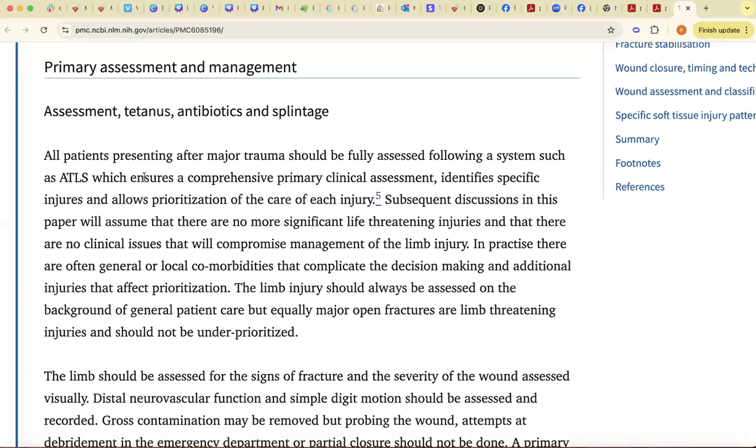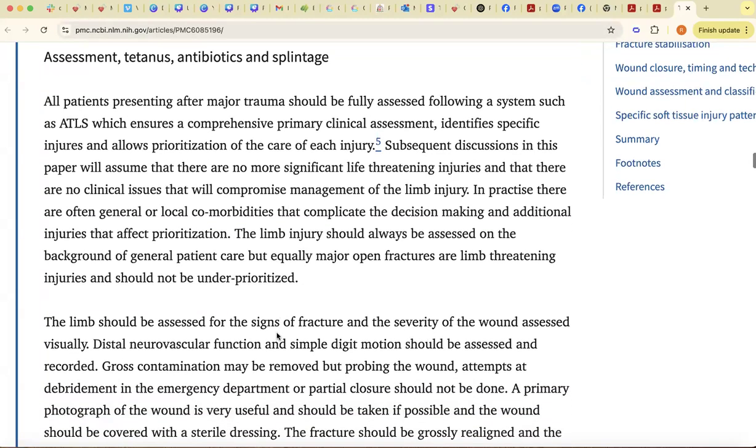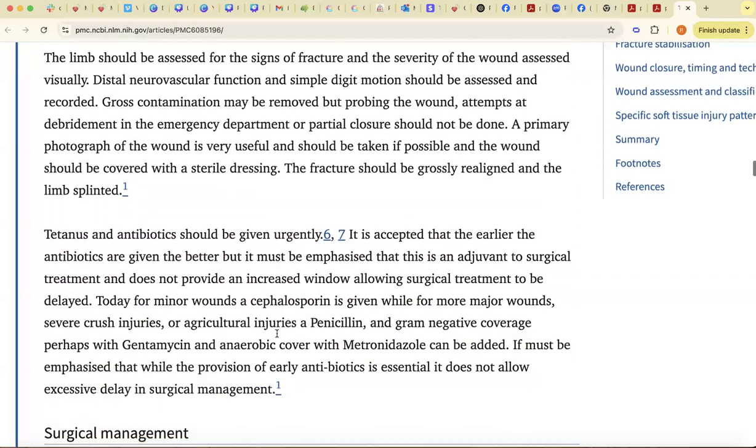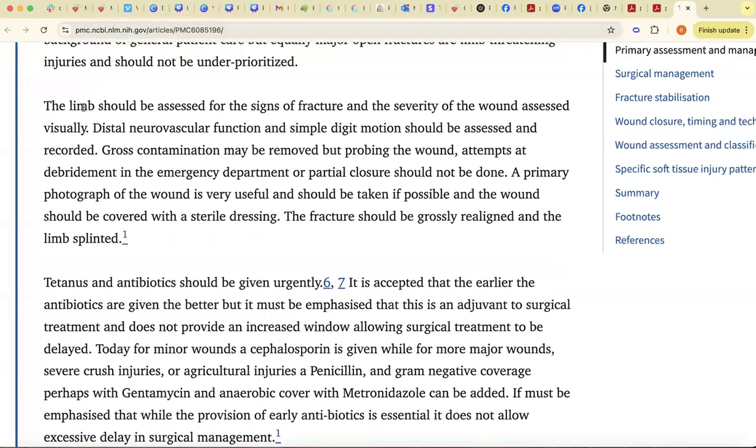So definitely all patients who come to us with a major trauma, we need to do the full survey. So we do primary survey, secondary survey, and everything like that. So the limbs should be assessed for sign of fracture. Severity of the wound should be assessed visually. Distal neurovascular function should be assessed.